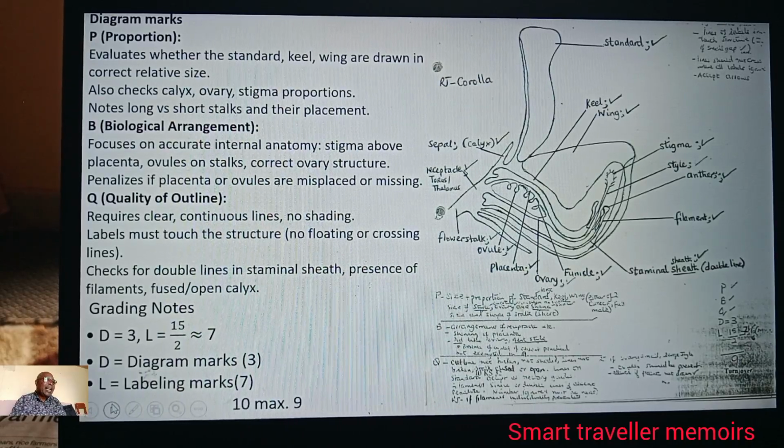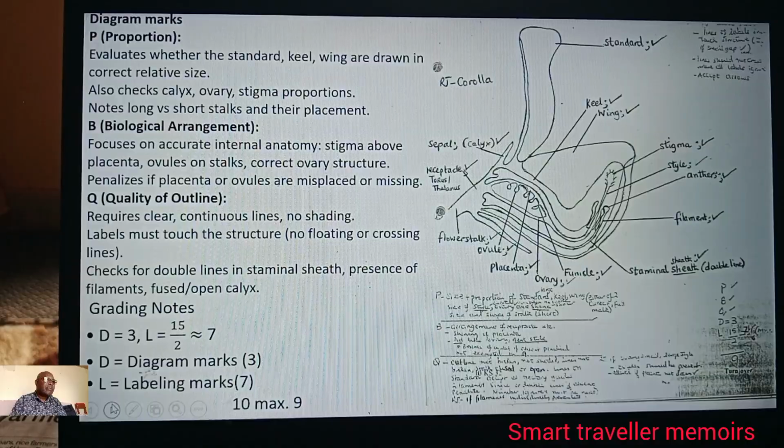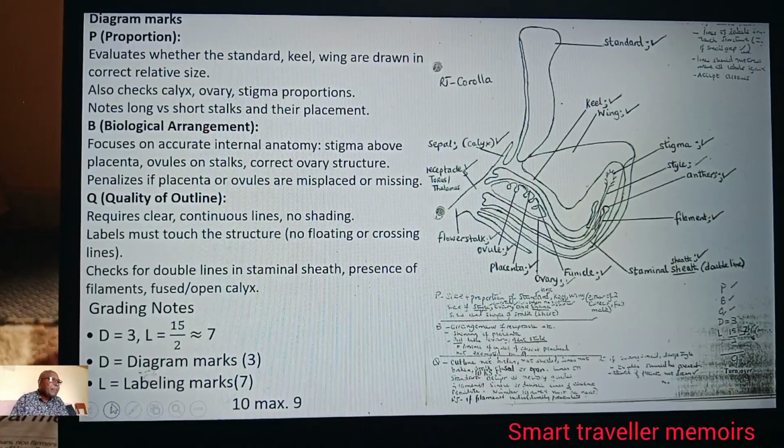Also, you check calyx, ovary, and stigma proportions. Also, note the long versus short stalks and their placement. That is the first drawing mark.